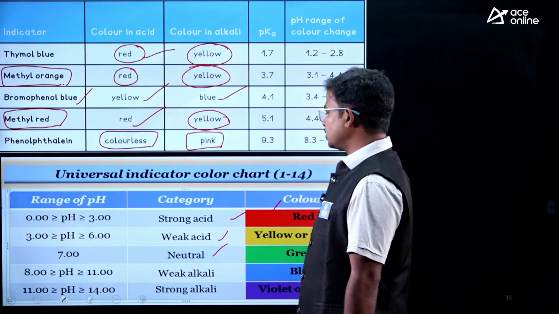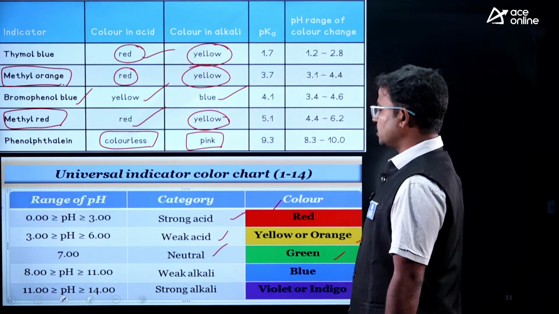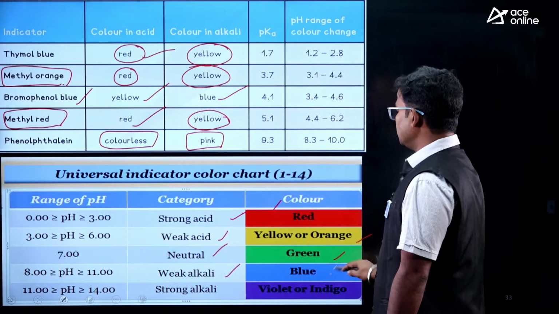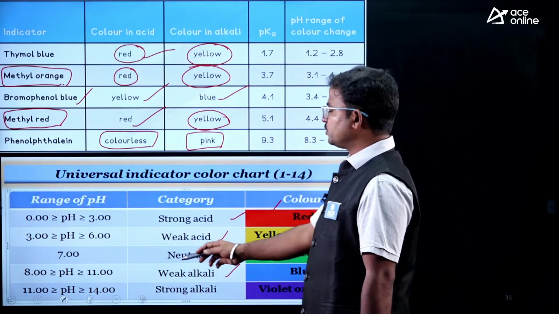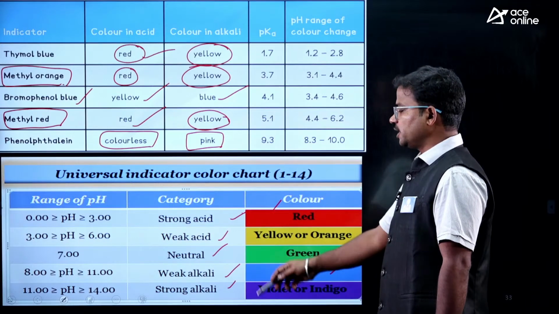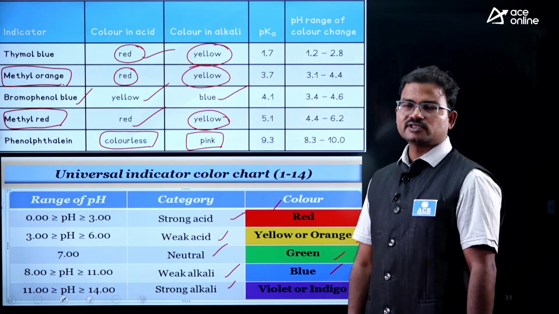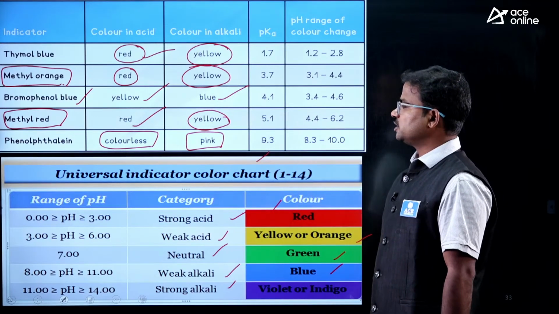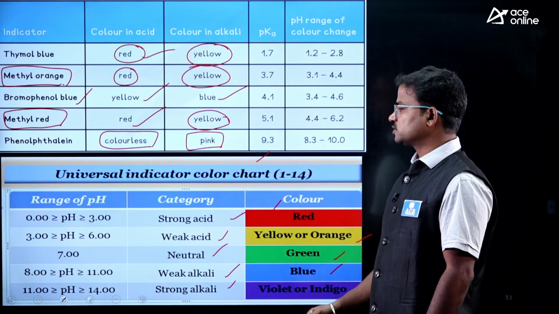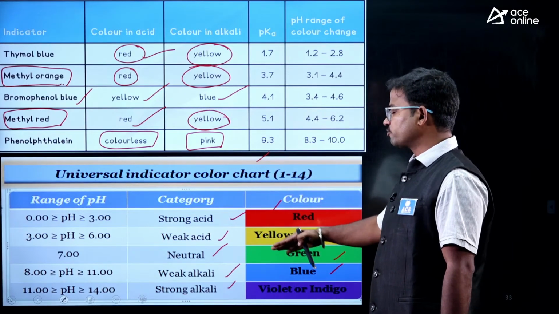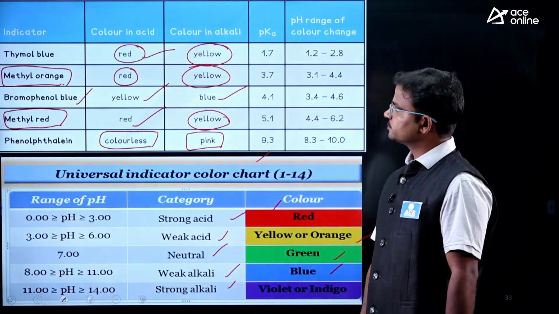Neutral exhibits green color. Between 8 to 11, a weak alkali, it shows blue color. Between 11 to 14, it exhibits violet or indigo color, which indicates that the nature of the base is strong. This is the importance of universal indicators. If you add universal indicator, we can get these types of colors based on the pH ranges.